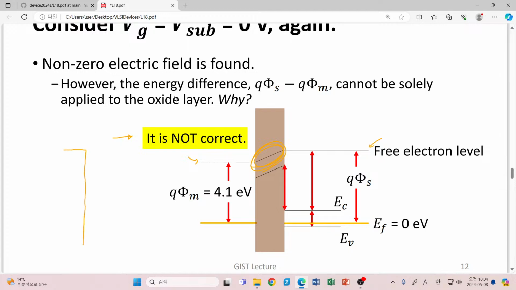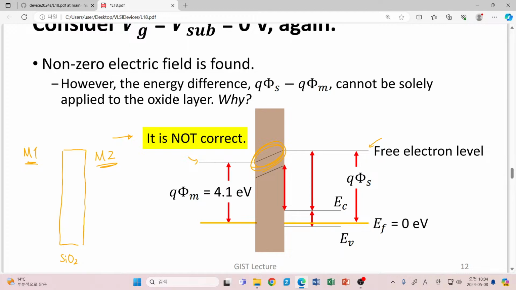Here we have silicon dioxide, and now let's say that we have one metal, and here we have another different metal, and we have applied a certain voltage.